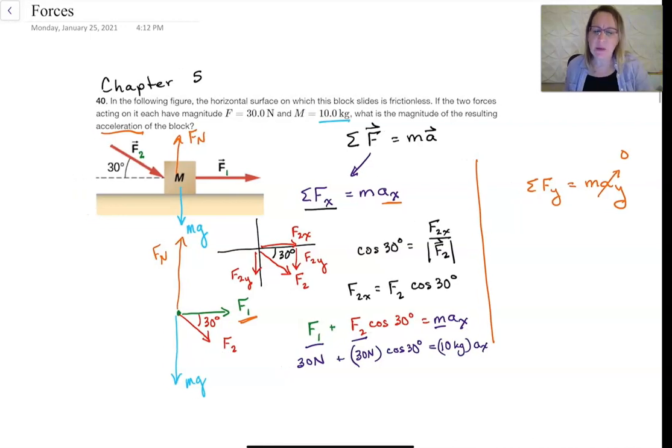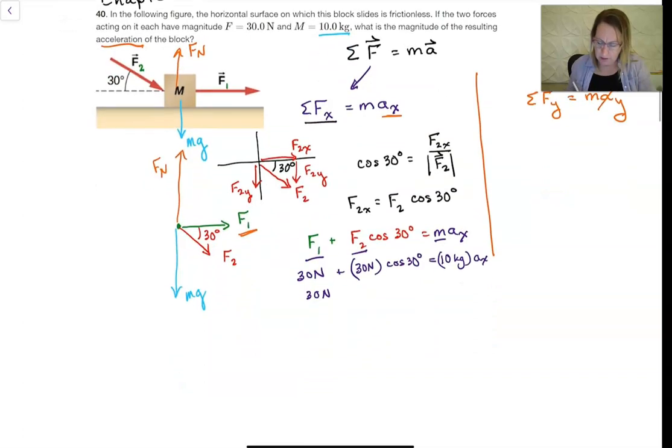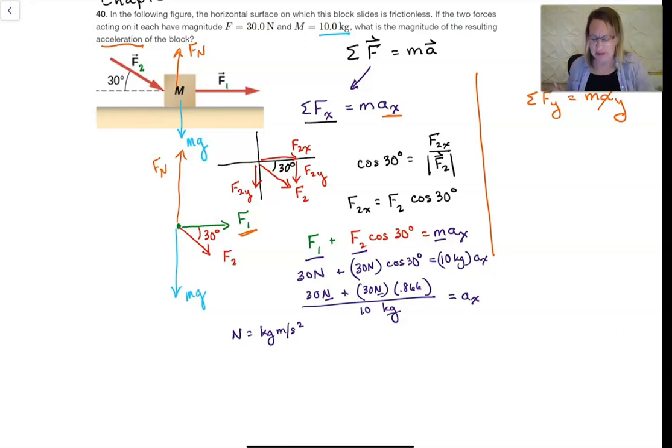This gives me 30 newtons plus 30 newtons times 0.866, all of that over 10 kilograms equals my acceleration. Remember that newtons are kilogram meters per second squared, so a newton divided by a kilogram gives me meters per second squared, which is what I want to see.